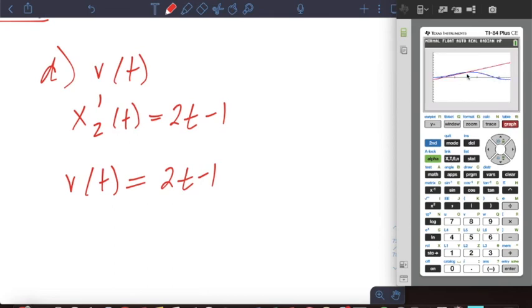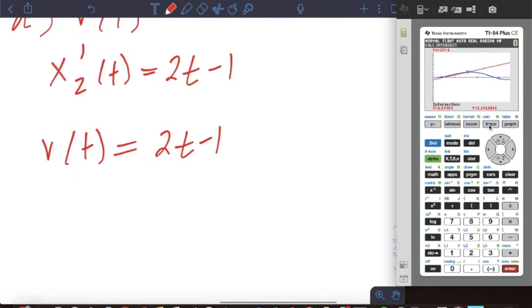And I want to find where these two equations cross, so I go second, trace, intersect. First curve, second curve, guess. 1.5705. Okay, so t is equal to 1.57054.